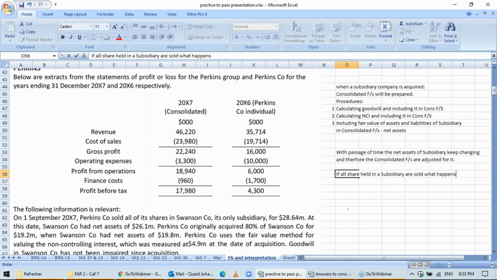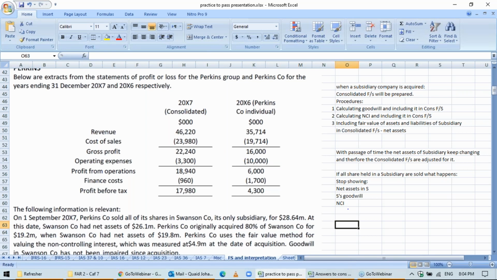You will stop showing the net assets in subsidiary, goodwill and NCI. So you will stop doing this. You will cease to show net assets in subsidiaries, goodwill, and NCI.